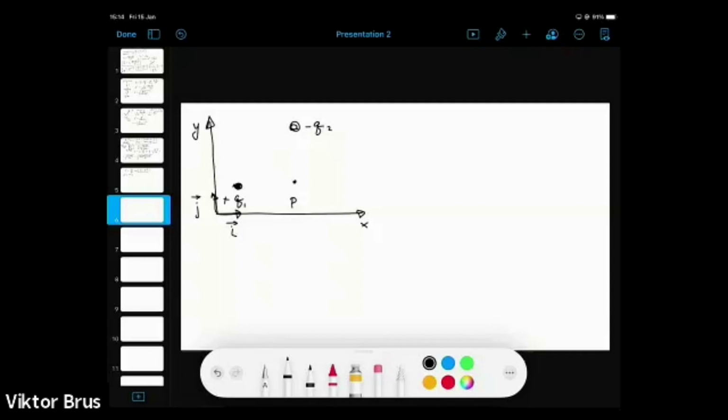And then following the principle of superposition, which is valid for electric field, which states that electric fields of different charges do not interfere with each other, don't have any impact on each other's capabilities of creating electric fields, we can just add as vectors these two electric field vectors and find the resultant vector of electric field in this given point.